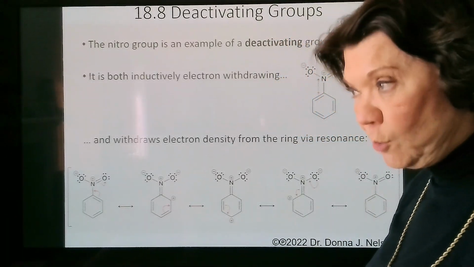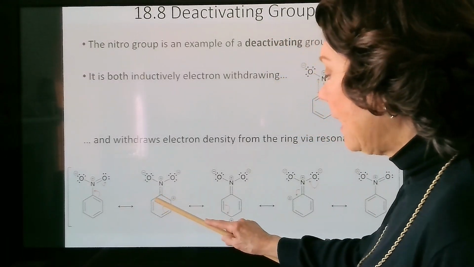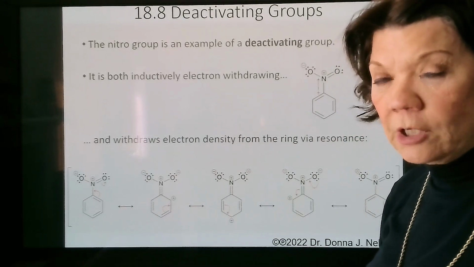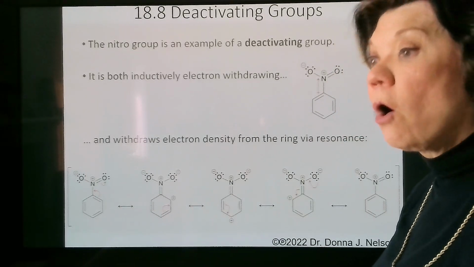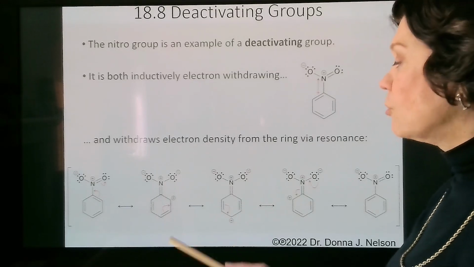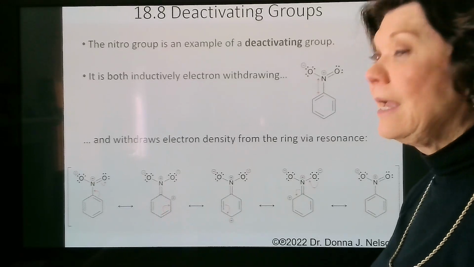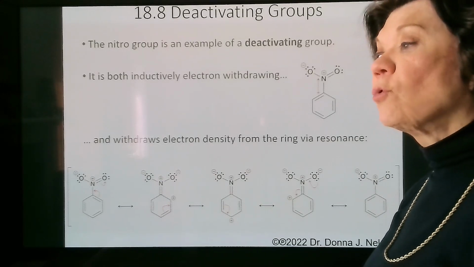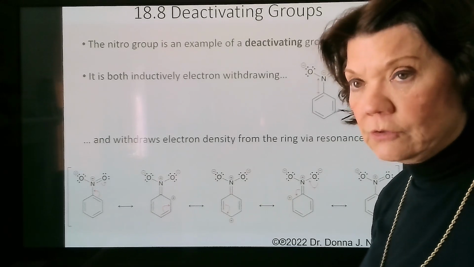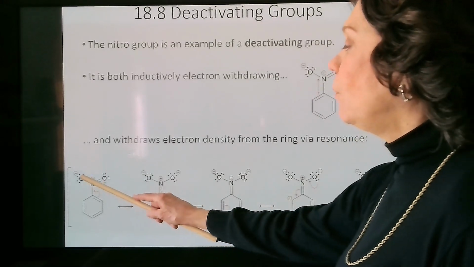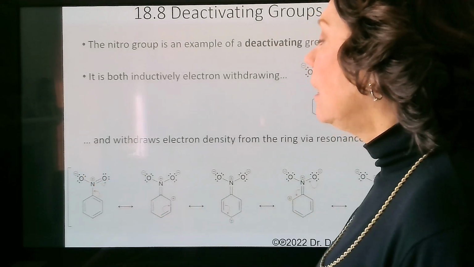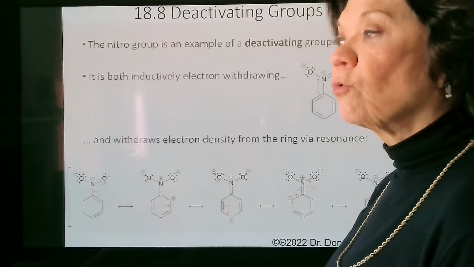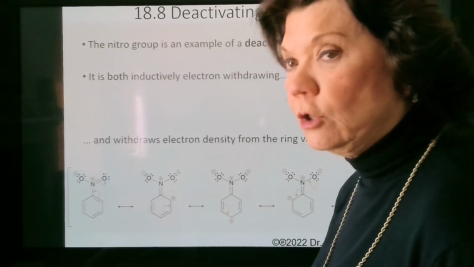And so you might expect, since the ring now is bearing a positive charge, that it's going to be electron deficient and it's going to be harder to do an electrophilic attack on a ring that's bearing a positive charge. And indeed it is. So the rates of reactions where the benzene ring is bearing a nitro group are all slower. The rate of the reaction is reduced.